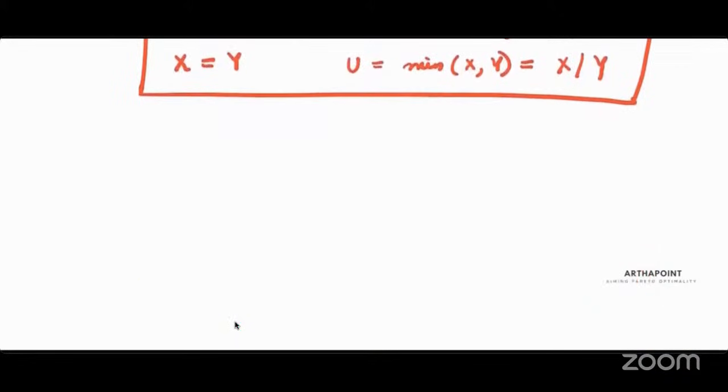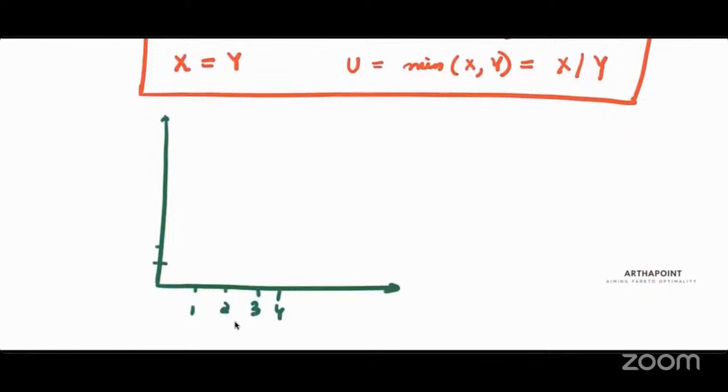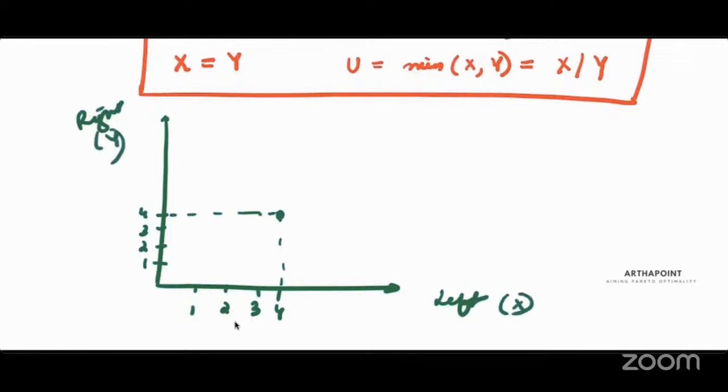So ideally, I am saying that if I need 4 pairs of shoes, I can have 1, 2, 3, 4, 1, 2, 3, 4. Either you can give me 4 pairs of both left and right. I'm taking left here, right here. This is my x, this is my y.